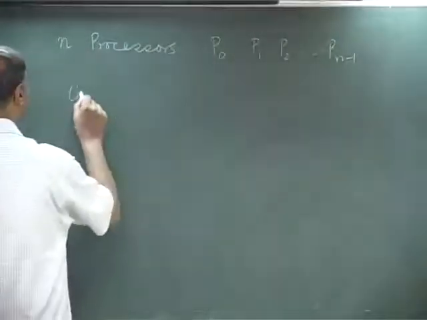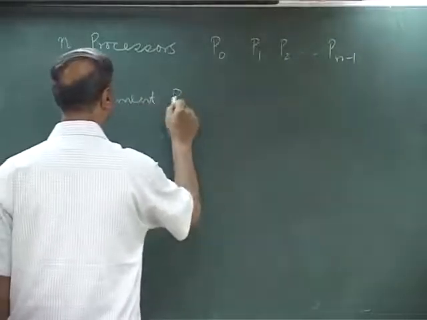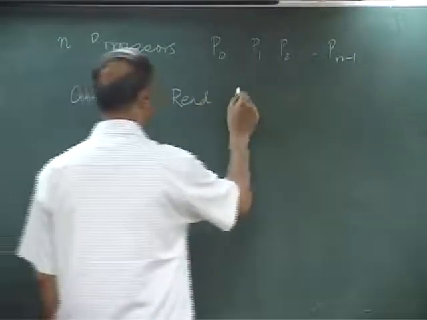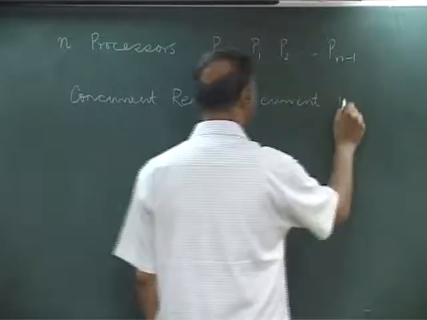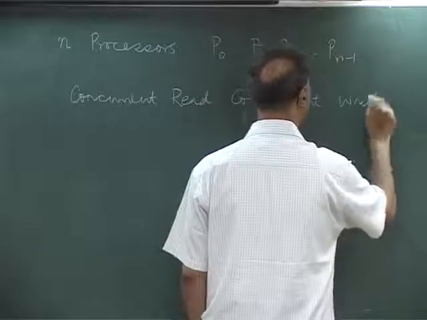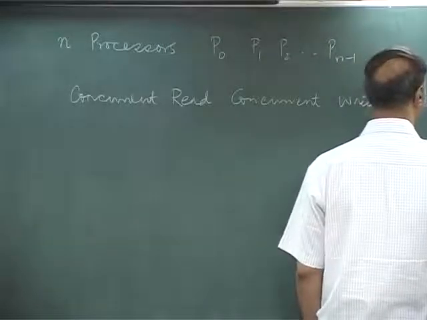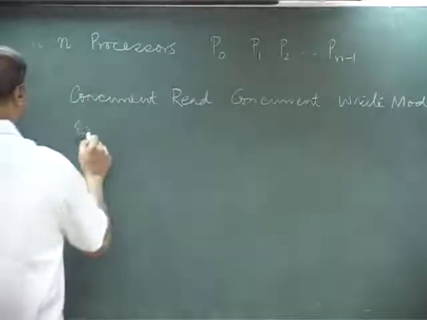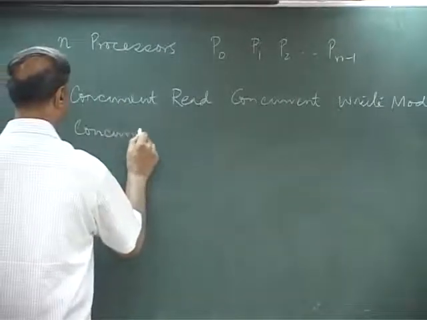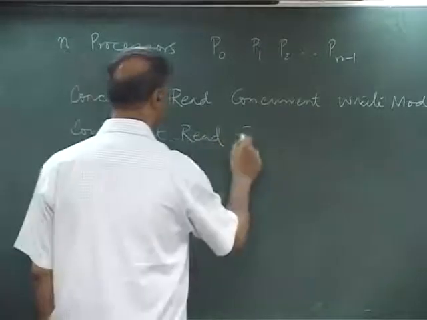One is the concurrent read, concurrent write model, which is the weakest model. The next one is the concurrent read, exclusive write model.